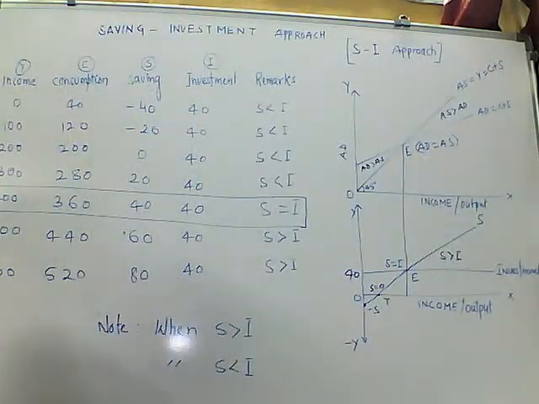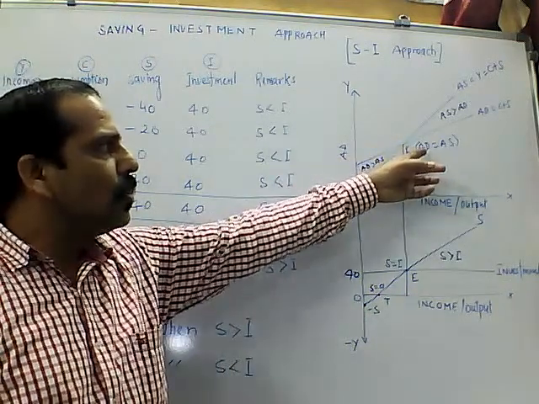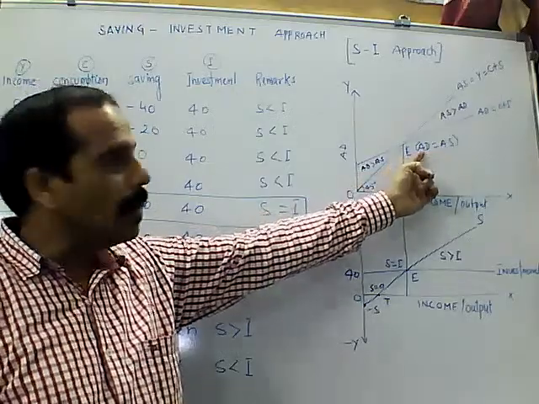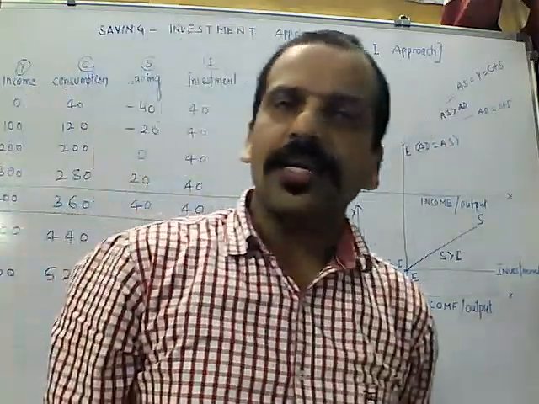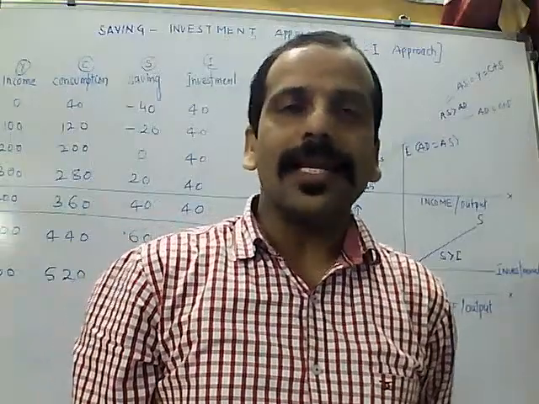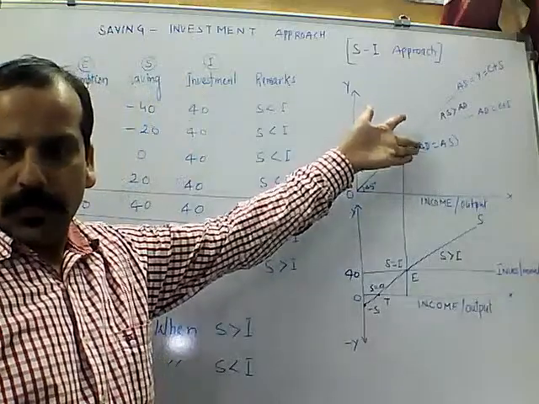So when you see the upper part of the diagram where we have point E, at this point E, both the curves meet, which means aggregate demand is equal to aggregate supply. So at the equilibrium point, aggregate demand is equal to aggregate supply. That is approach number 1.